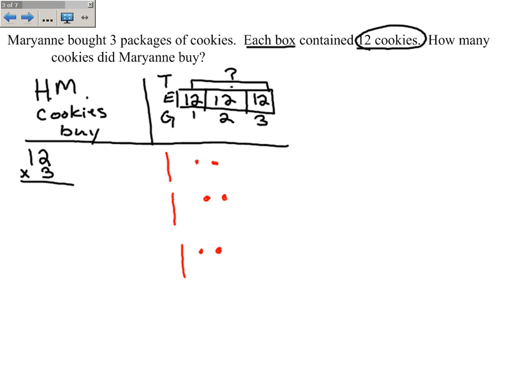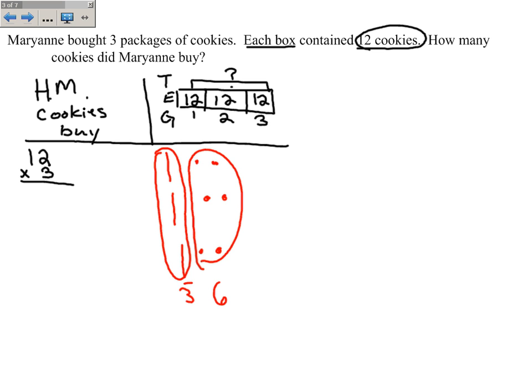So here I have 1, 2, 3, 4, 5, 6. So I've only got 6 ones, not enough to make a 10. Okay, so I'm going to look at my tens. 1, 2, 3. I only have 3 of them. So my product should be 36. Okay? That's looking at it as a picture.